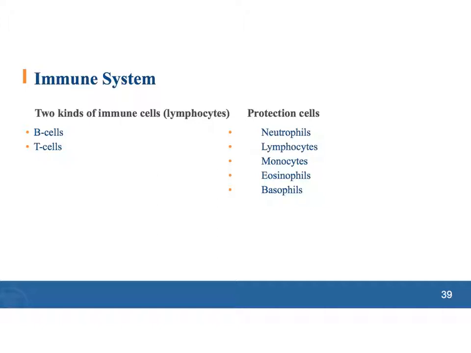Both T cells and B cells are different types of lymphocytes. Other types of white blood cells used by the body for protection include never let monkeys eat bananas: neutrophils, lymphocytes, monocytes, eosinophils, and basophils. And all of those are types of white blood cells, leukocytes.